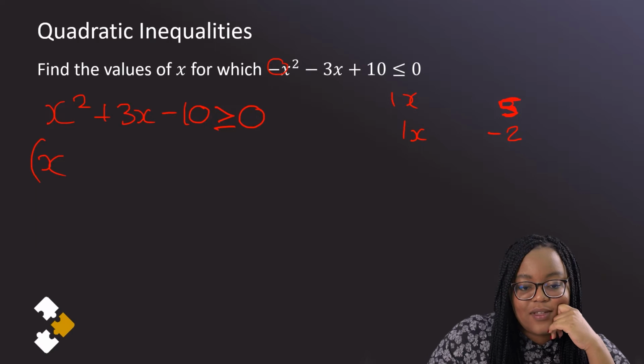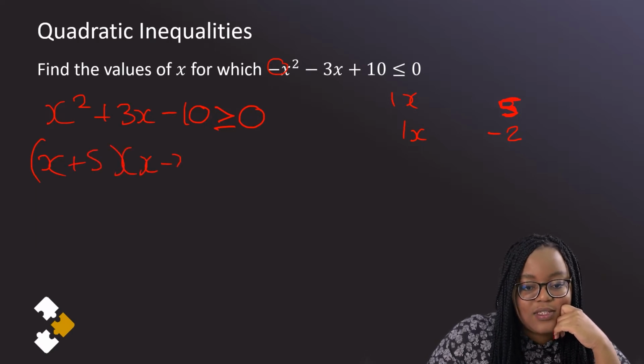Factorizing that, we have x plus 5, x minus 2 is greater than or equal to 0. Okay, so our critical values are going to be negative 5 and positive 2.